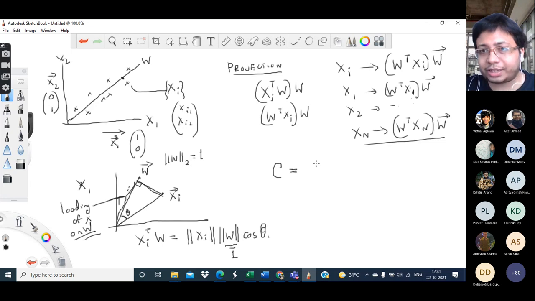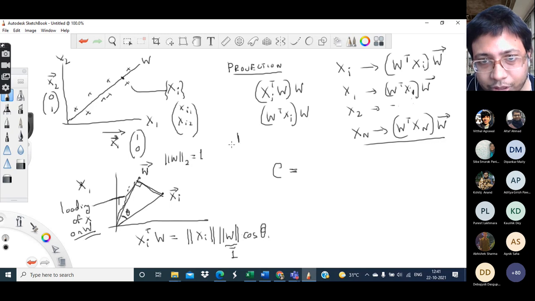What is the expression for variance? We all know that in general the expression for variance is 1 by n summation of xi squared minus 1 by n summation of xi whole squared.